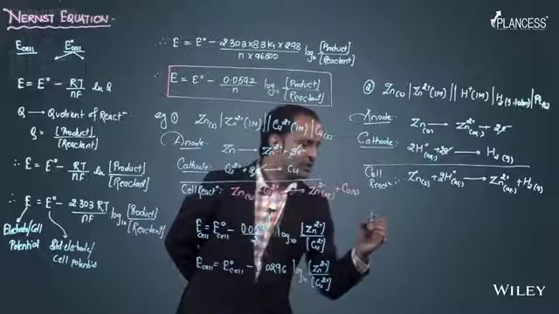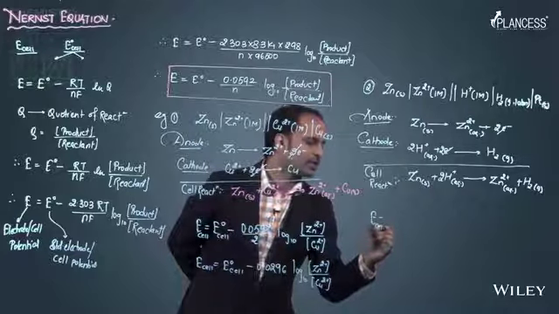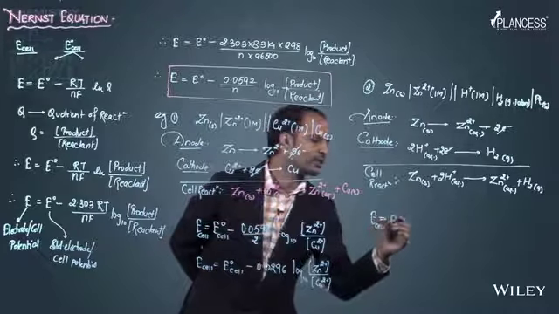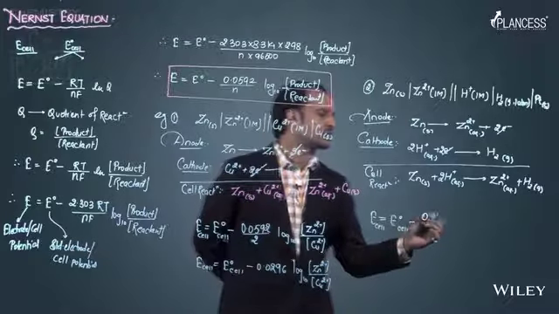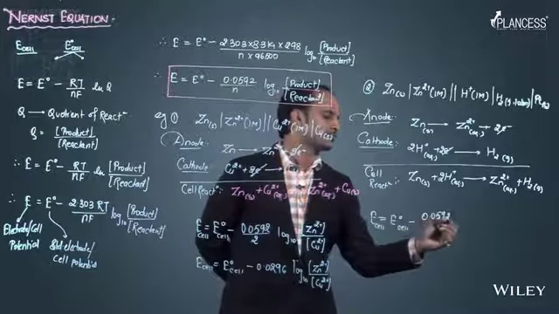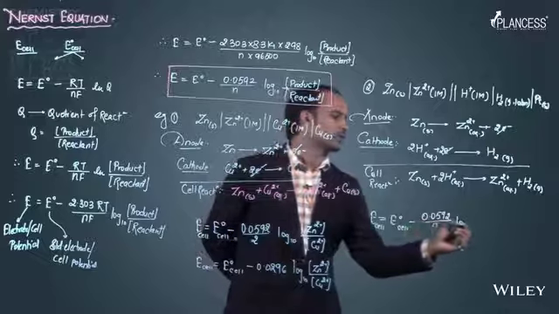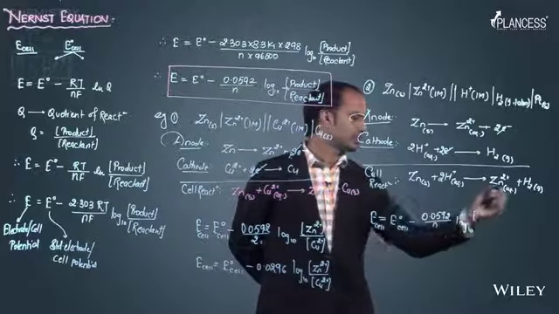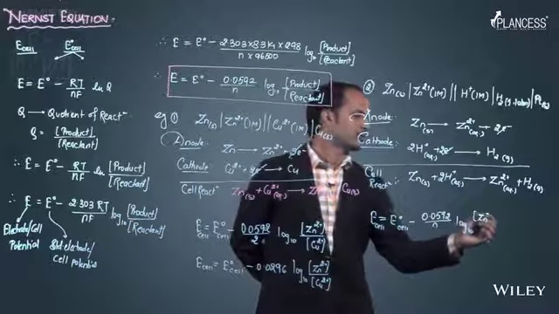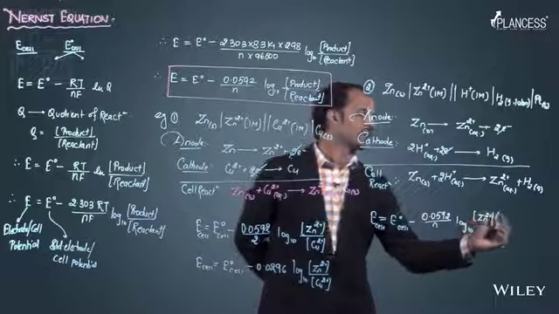The Nernst equation for the cell: E cell is equal to E naught cell minus 0.0592 upon N log to the base 10 of the molar concentration of product. The products here are zinc ion as well as the pressure of hydrogen gas.